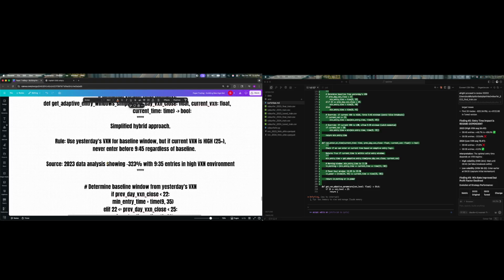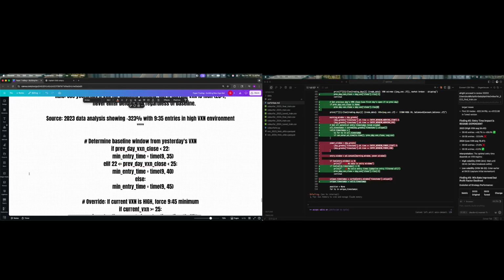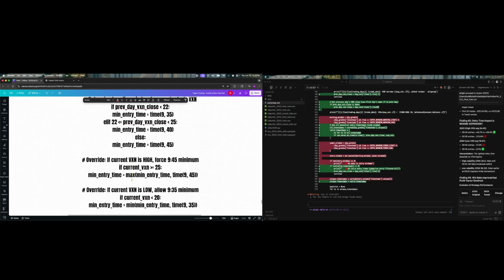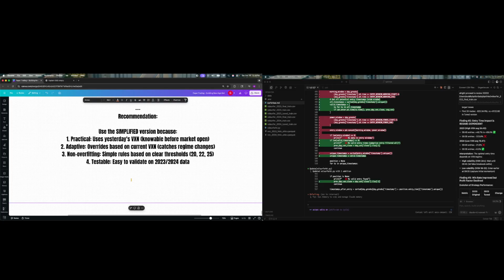Use yesterday for the baseline. Determine baseline from yesterday's close: if yesterday's close was below 22, the min entry time is 9:35, else if above 22, previous day close, max override if current. All right.